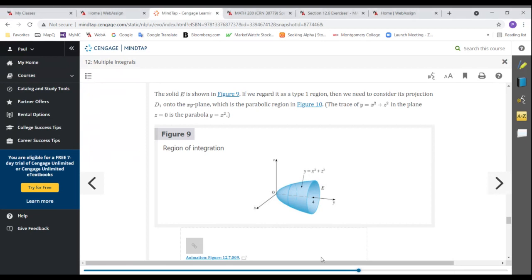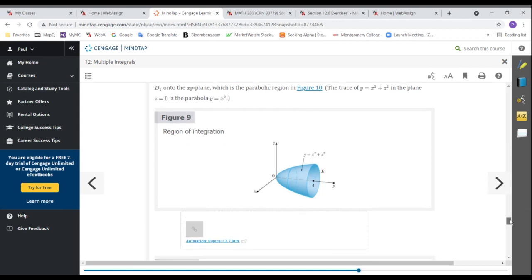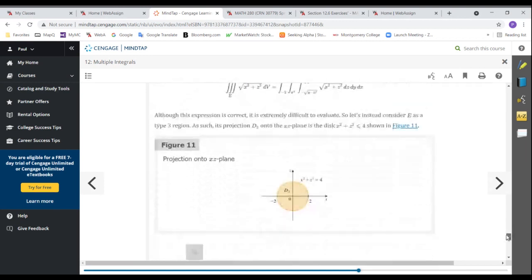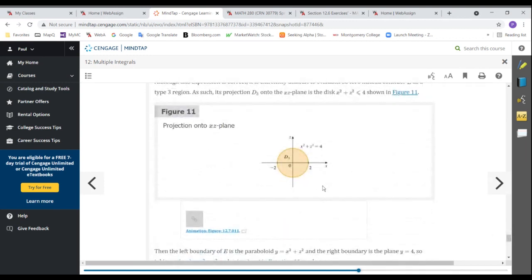So in the book here, in figure 11, where they project that solid onto the plane, we're going to use polar coordinates. But in this case, x squared plus z squared would equal r squared. And x would equal r cosine theta, and z would equal r sine theta.